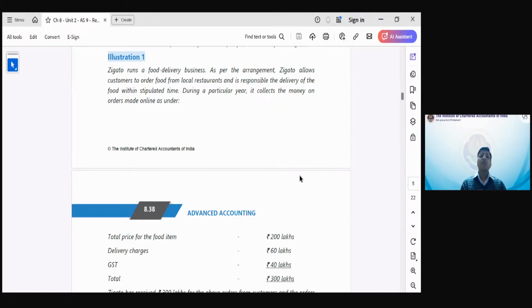Zigato runs a food delivery business. As per the arrangement, Zigato allows customers to order food from local restaurants and is responsible for the delivery of the food within the stipulated time. During a particular year, it collects the money on orders made online as under.